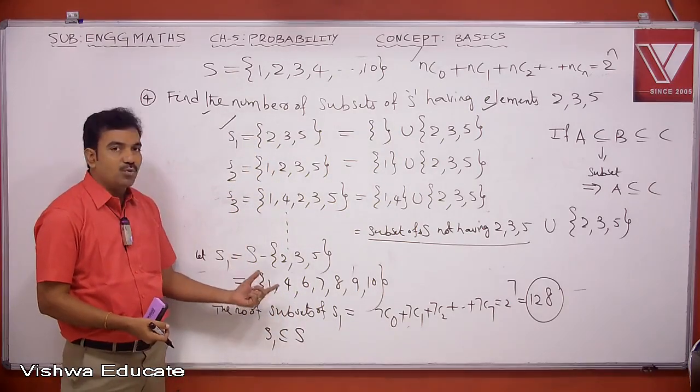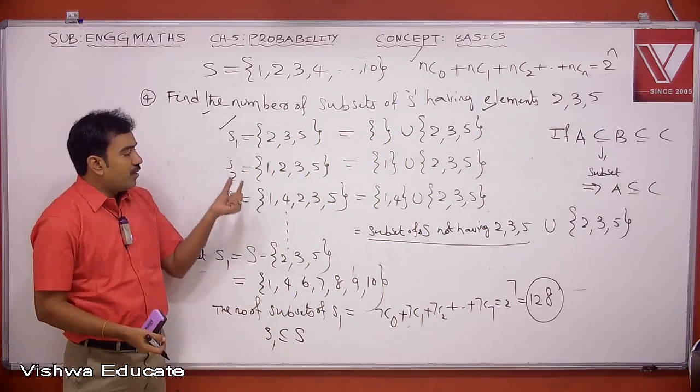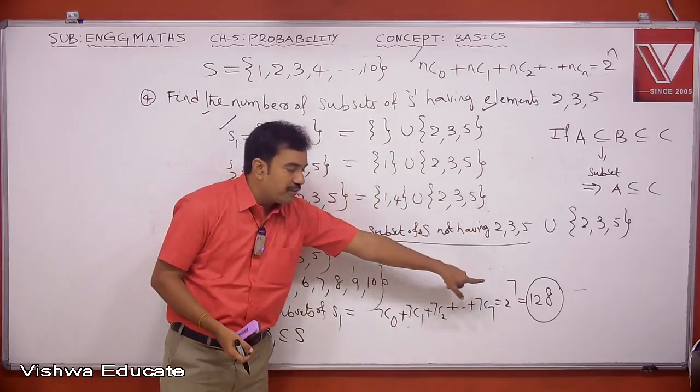So the total number of subsets of S not having 2, 3, 5 is 128.